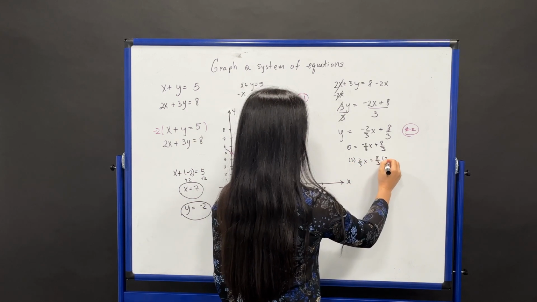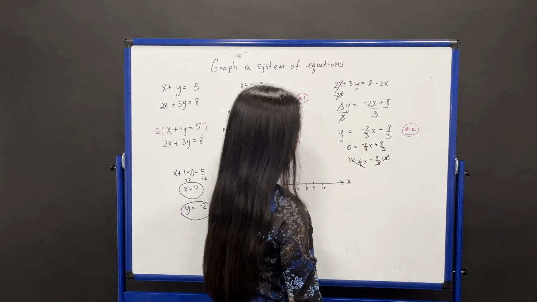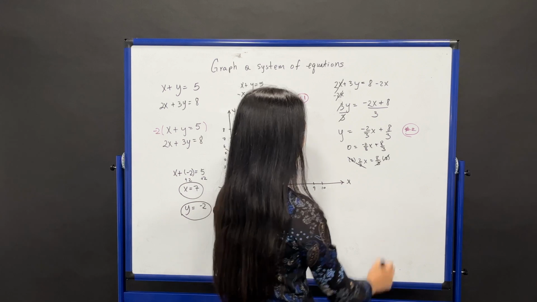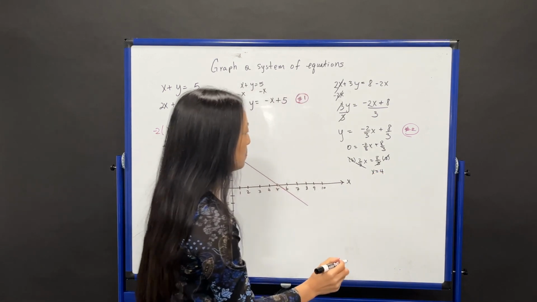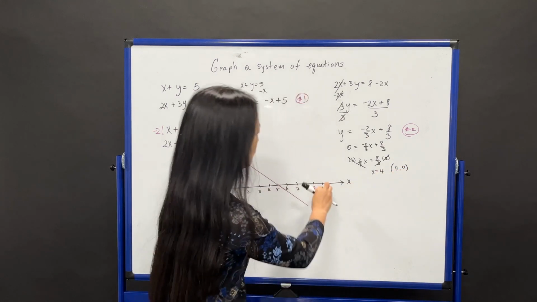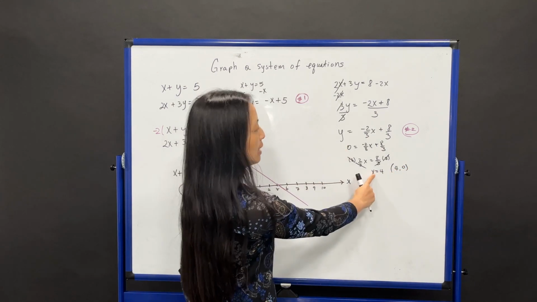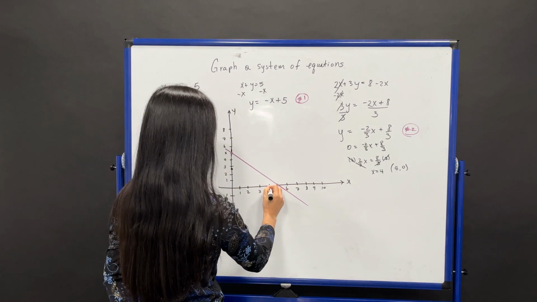Multiply by 3 on both sides to get rid of the 3. And we get x is equal to 4. So our point is 4, 0. Remember that y is equal to 0, and we got x is equal to 4. So 4 comma 0 is right here.